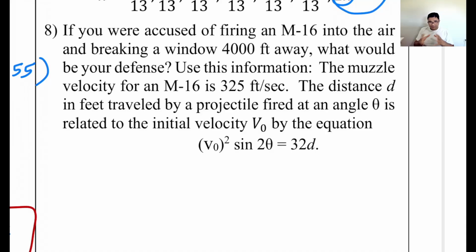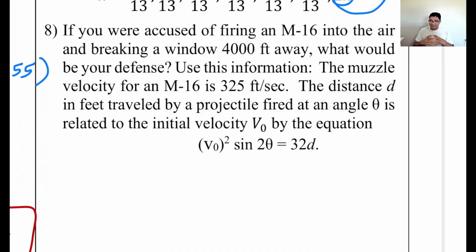All right. Okay. Here is a word problem. If you were accused of firing an M16 into the air and breaking a window 4,000 feet away, what would be your defense? You want to claim that you didn't do it. Use this information.